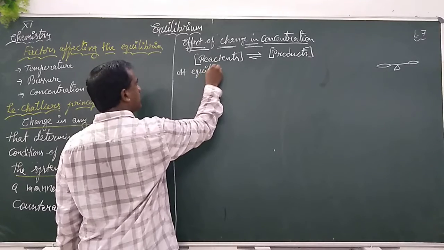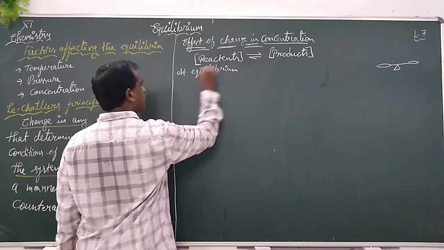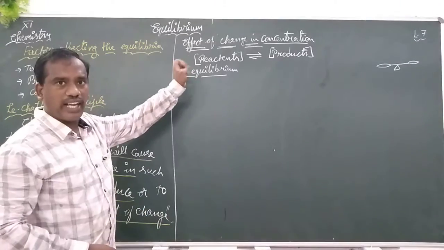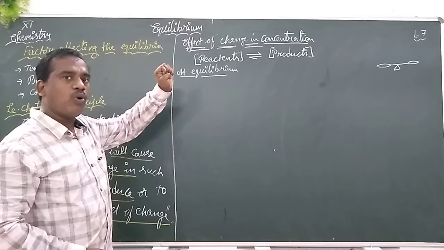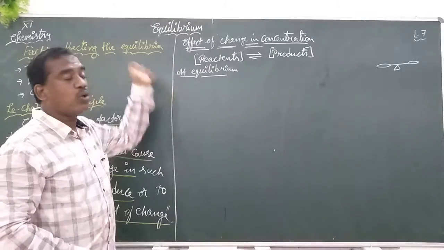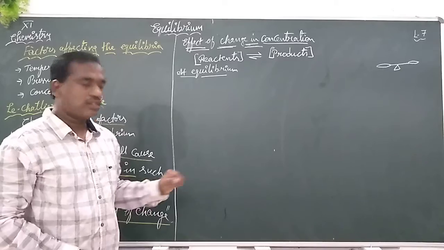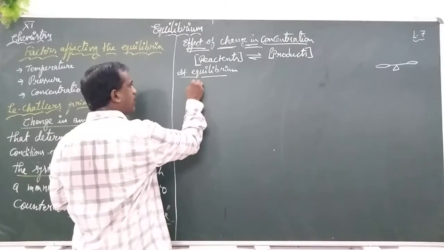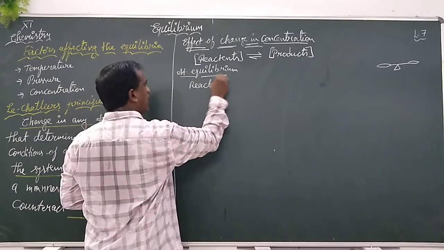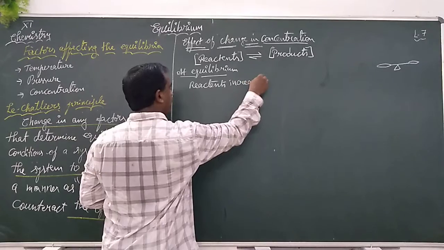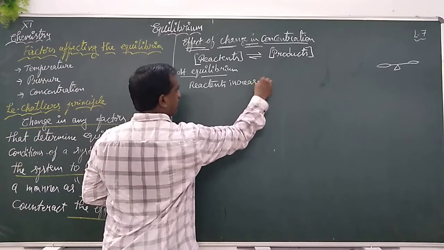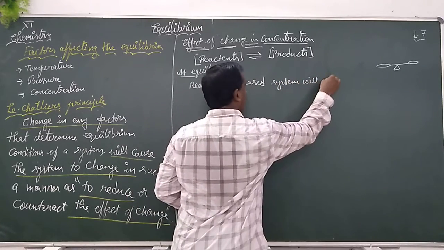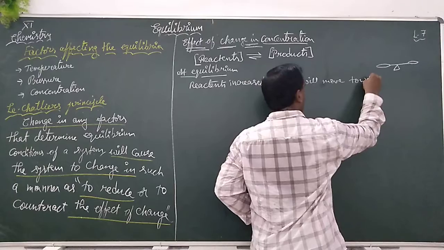Now, at equilibrium, if you increase the number of reactants, then where will the reaction move? The system will move in the direction that reduces or opposes the change. When the number of reactants is increased, the system will move towards the product side.